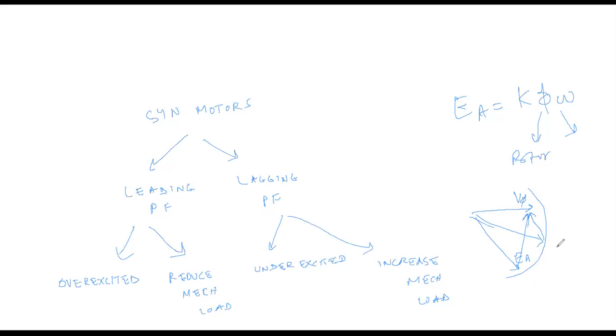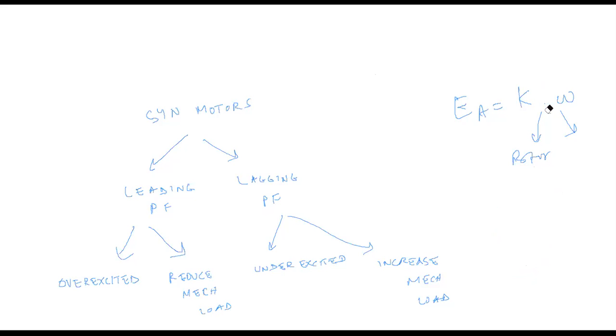So this is when you are working with the mechanical load. Sorry, if you are not varying the field of the machine, okay, I take my words back, let's repeat.